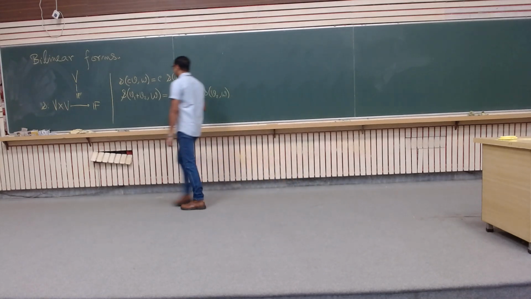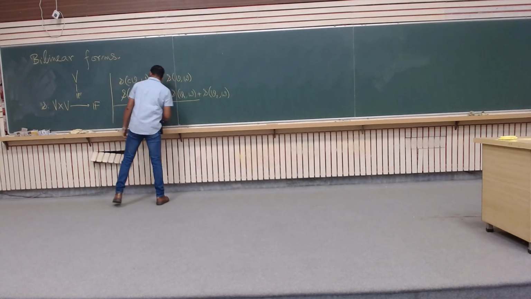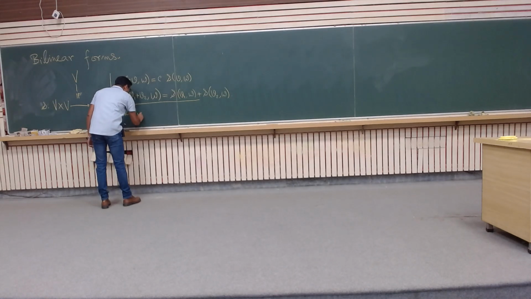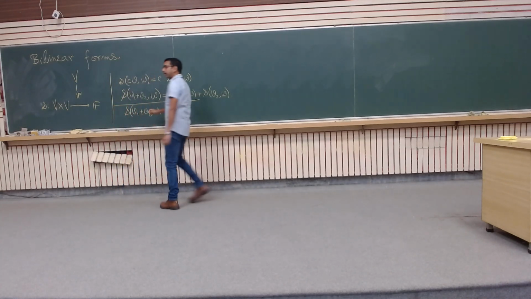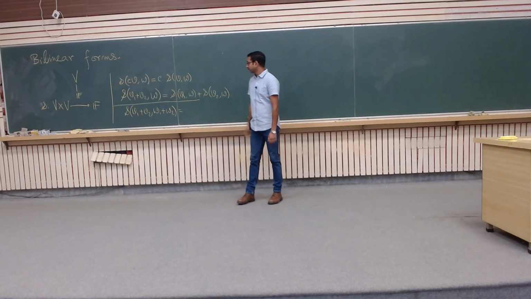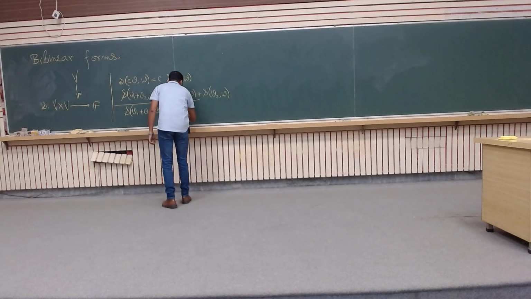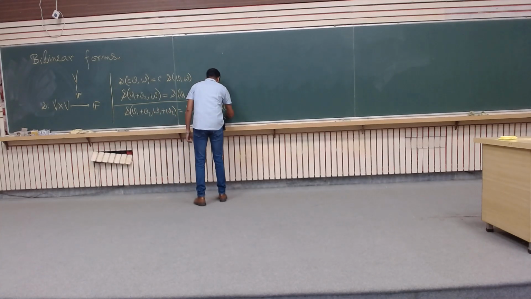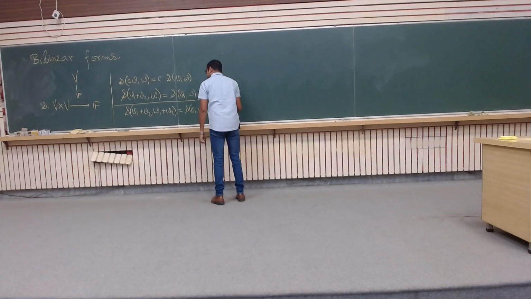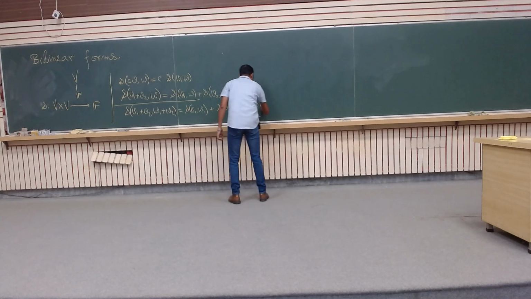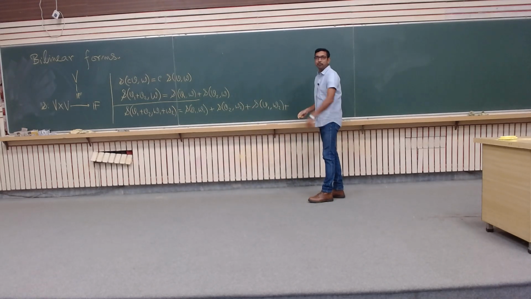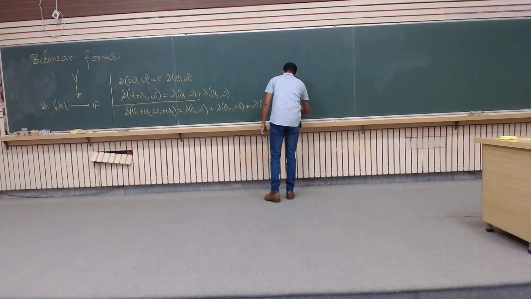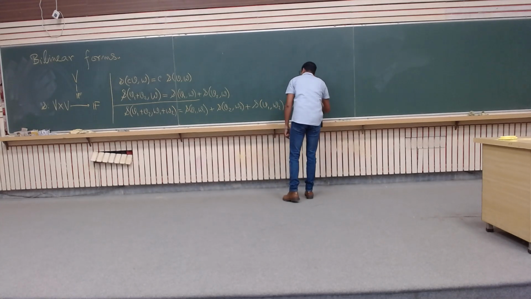So now, can you tell me how many terms this will have? Very nice, 4. This is S of V1 W1 plus S of V2 W2 and also S of V1 W2 plus S of V2 W1.